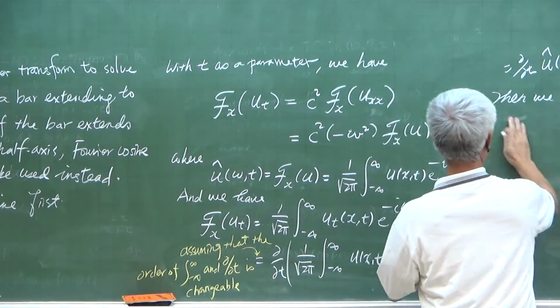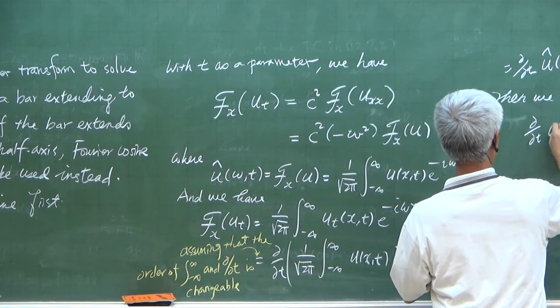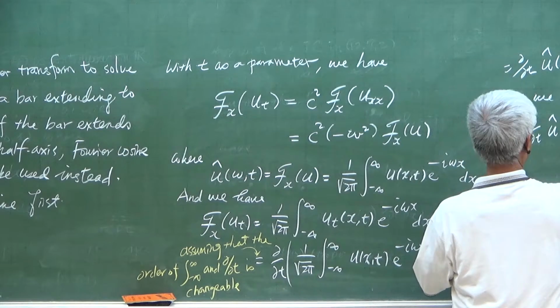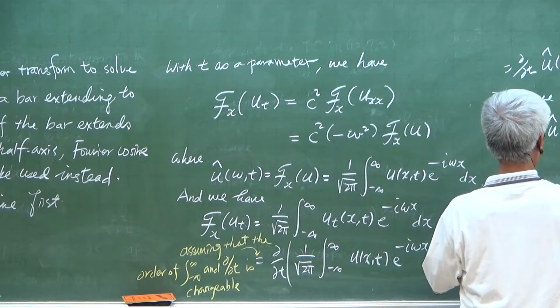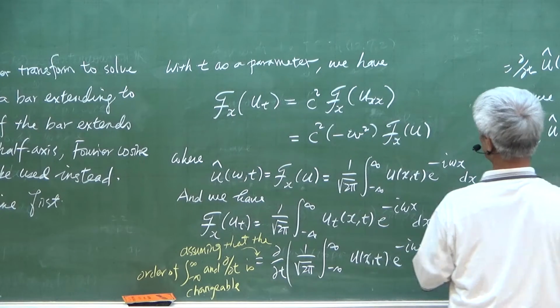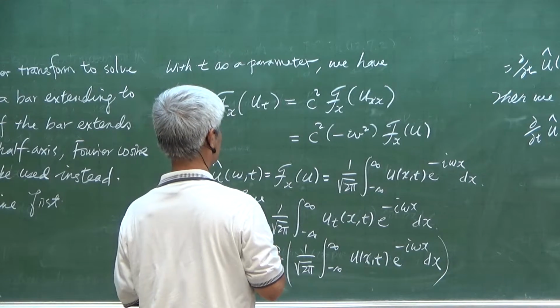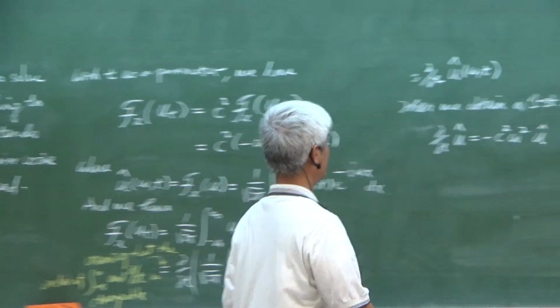That is, the partial derivative of u hat equals minus c squared omega squared times u hat.